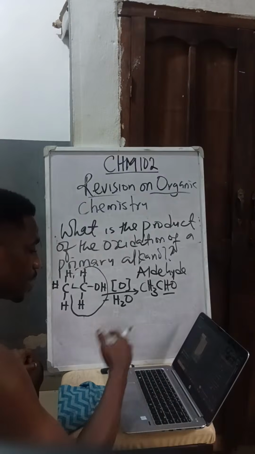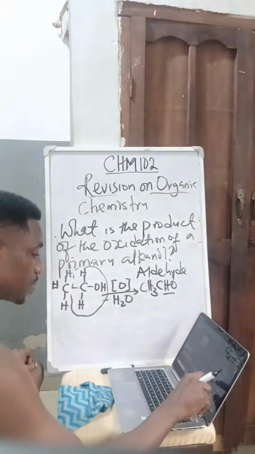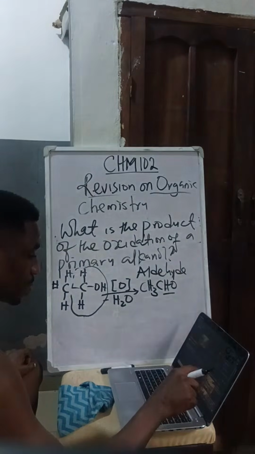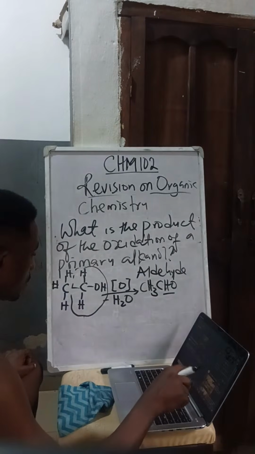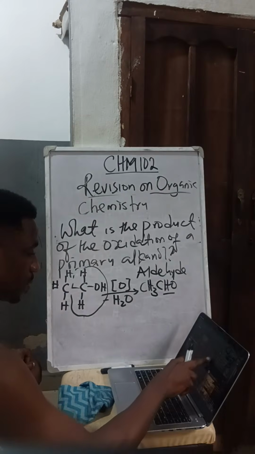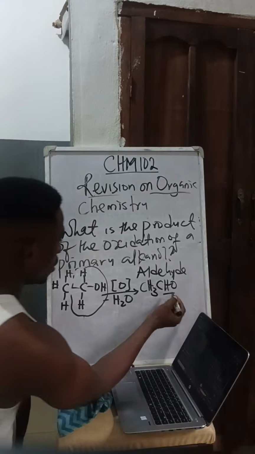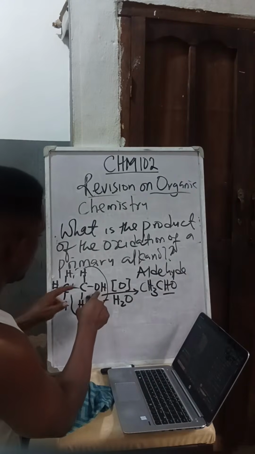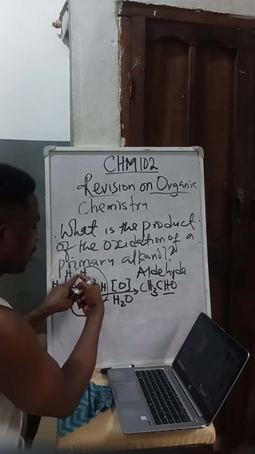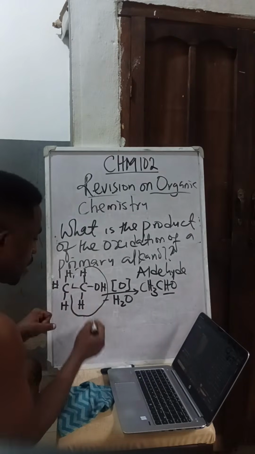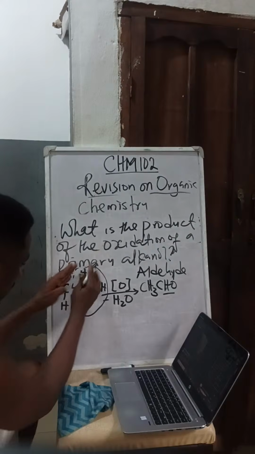As long as we are talking about oxidation, it will not form alkane. So this is aldehyde. Oxidation is removal of hydrogen or addition of oxygen. In this case, we are removing hydrogen. And then let's take this.